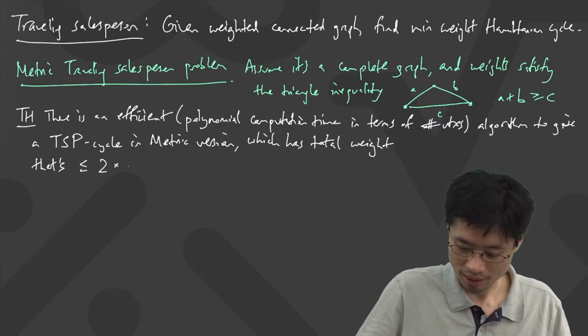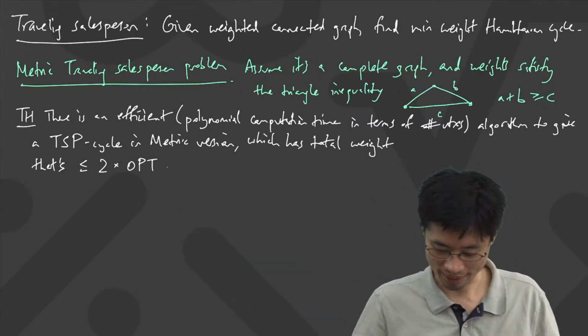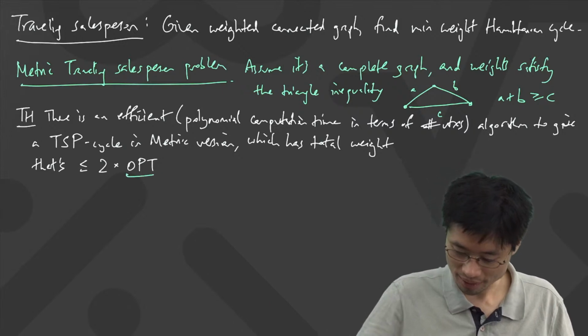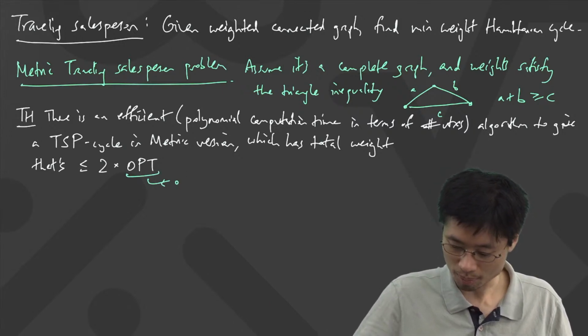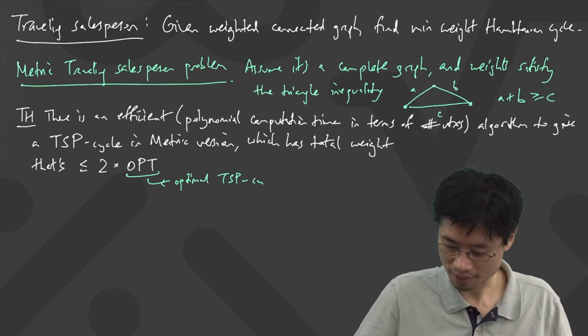Oftentimes we just write it as OPT. OPT is the optimal TSP cycle in that graph.